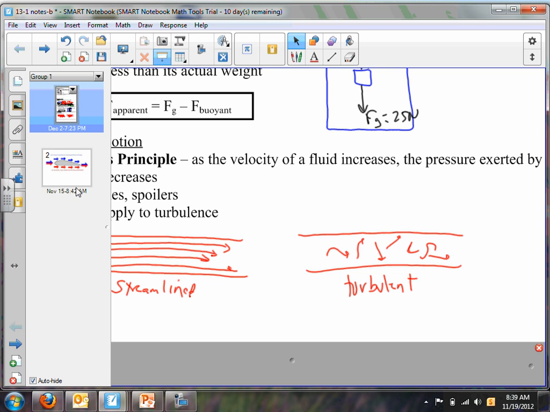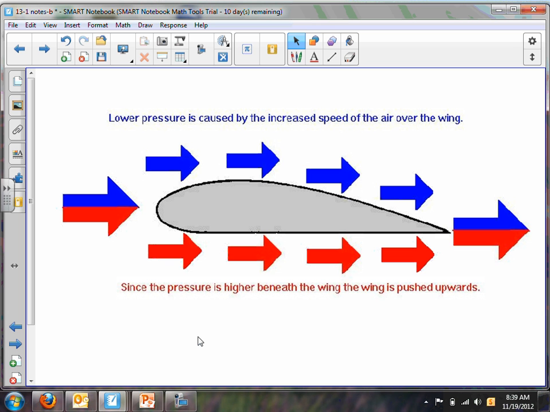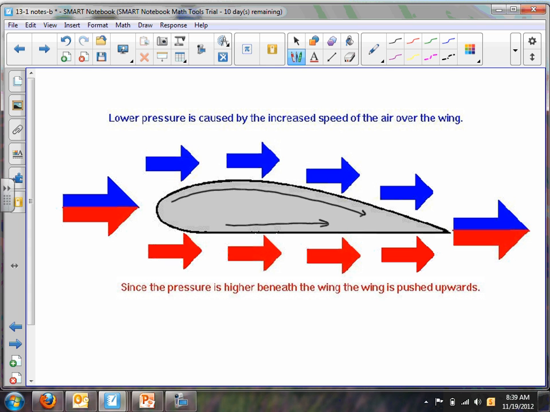Here's how this kind of works. You can imagine this is a side view of an airplane wing. If wind is coming from the left or the front side of this wing, it has to get to the back side at the same time. Well, the distance for the air to travel on this side compared to this side, it has to go further on the top than the bottom. In order to go further, it has to be traveling faster.